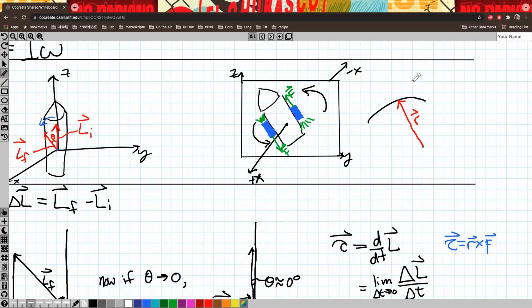Okay, so that's going from, yeah, let's erase that too, because that's going from the pivot point to the force.